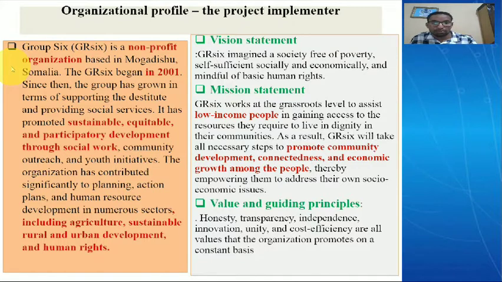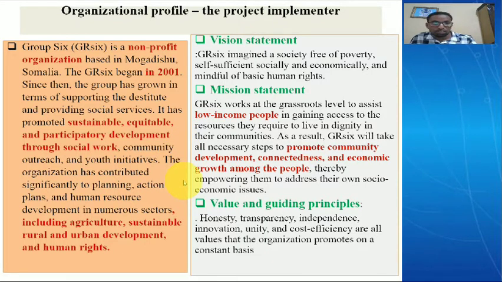So the implementing partner of this organization is a non-profit organization based in Mogadishu, Somalia. The organization was established in 2001. Since then, our organization has grown in terms of supporting the destitute and providing social service. It has promoted so far sustainable, equitable, and participatory development through the social work.